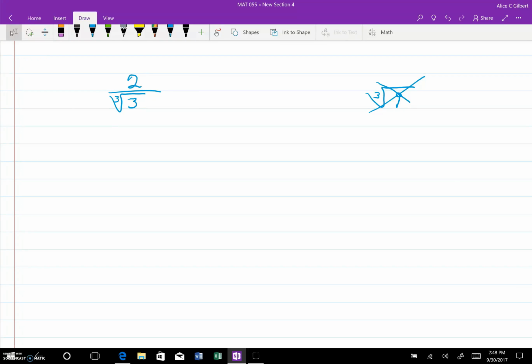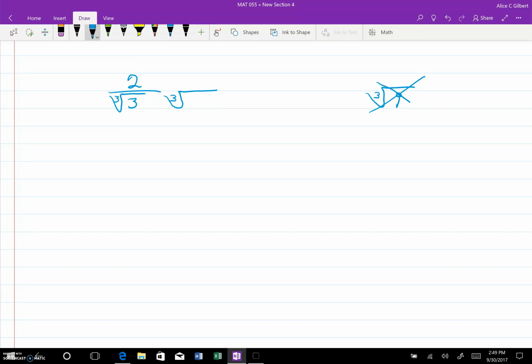Let's see. The next thing would be 27. The even cubed root of 27 is 3. So 3 times 3 is 9 times 3 is 27. So if I could get my denominator to be the even cubed root of 27, then I could get a 3 in the denominator. My radical sign would be gone.